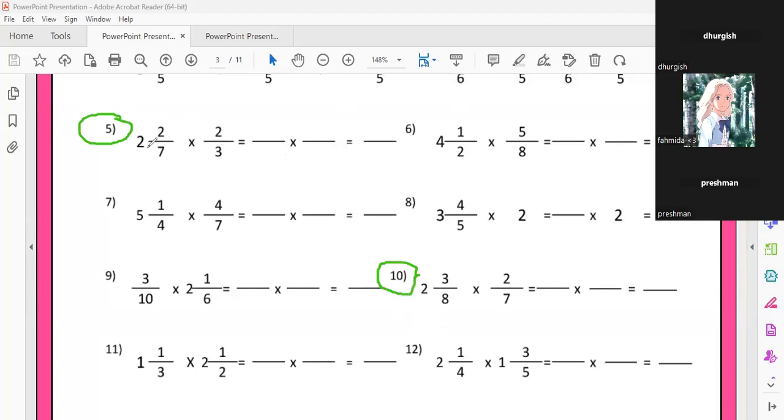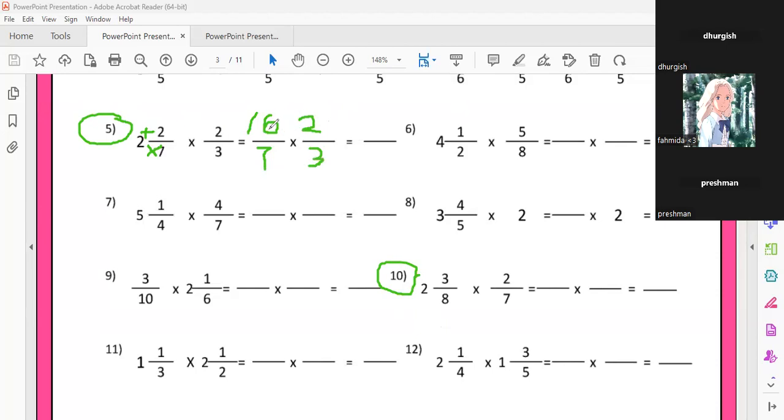Pay attention. First of all, change the mixed number to an improper fraction. Multiply at the bottom, plus on top. 7 times 2, it's 14. 14 plus 2, it's 16. Durgesh, keep your mic muted. 16 over 7 times 2 over 3.